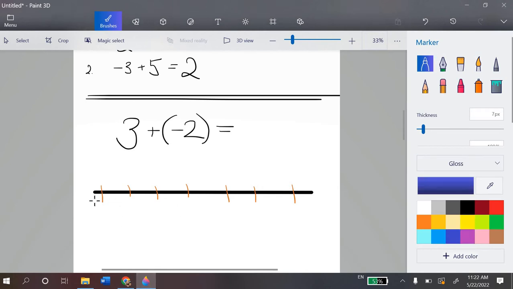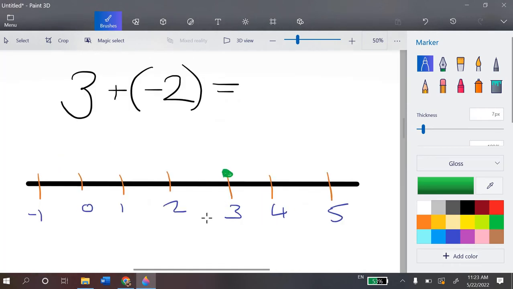Numbers in -1, 0, 1, 2, 3, 4, 5. Where do we start? Yes, we're going to start at the number 3. Okay, start at 3.